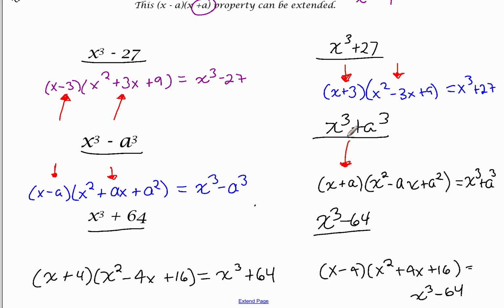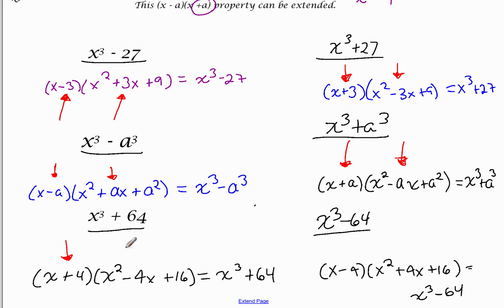When I factored x cubed plus a cubed, starting with a positive, x plus a, I got the same thing as over here. It's just that it was negative in the middle. The square root of a squared is a. And here's the positive over here.